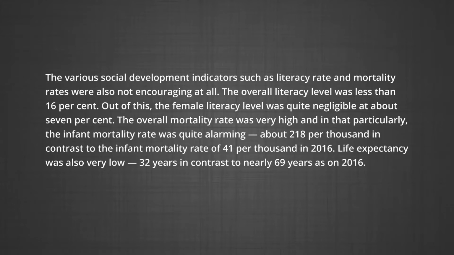Life expectancy was also very low, 32 years in contrast to nearly 69 years as in 2016. This indicates that public health facilities were totally inadequate. Consequently, water and airborne diseases were rampant and took a huge toll on life.